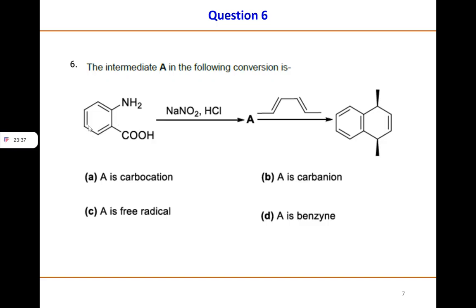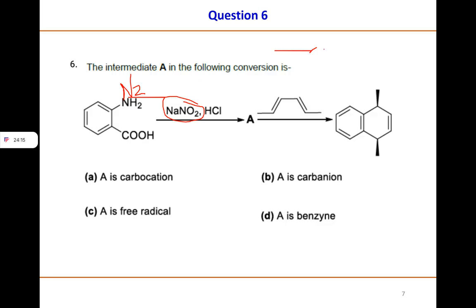This amino acid is undergoing a reaction with sodium nitrite and HCl. So what will happen first? First the diazo formation will take place. So here we have diazo N2. Then this N2 elimination followed by CO2 elimination will result in the formation of benzyne.